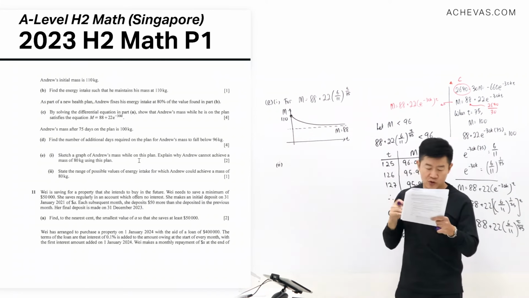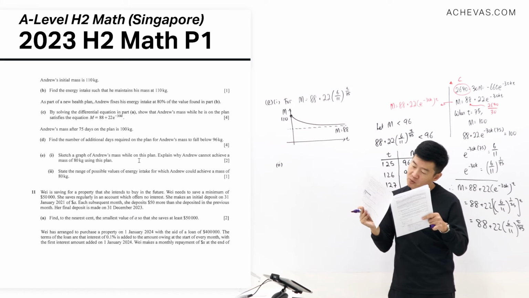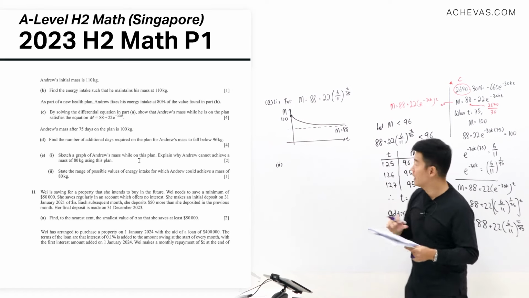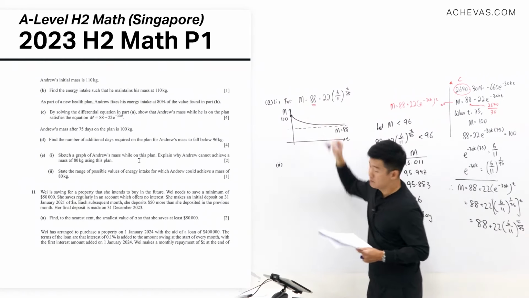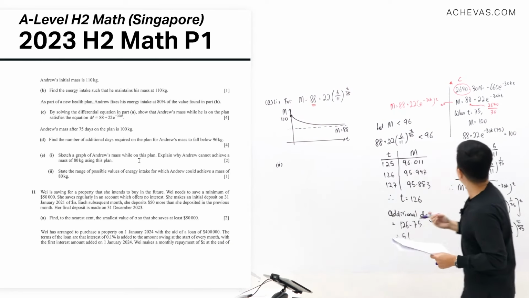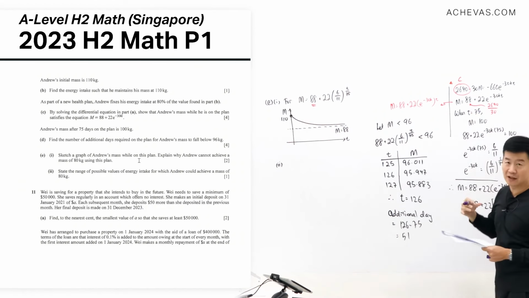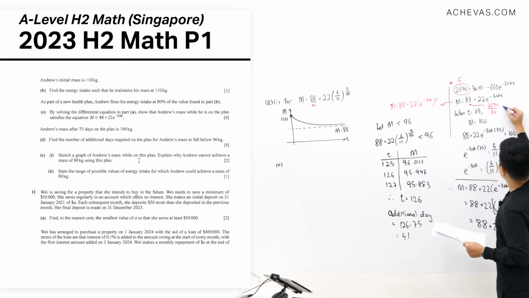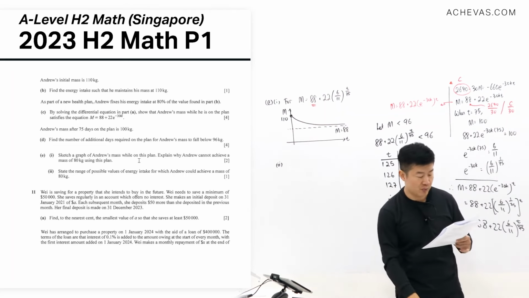If Andrew were to try to achieve a weight of 80 kg, we need to make sure that this number becomes 80 instead. So we are not going to be using this anymore. We're going to replace it by the energy intake, C over 30, because 2640 was the energy intake that we used previously.